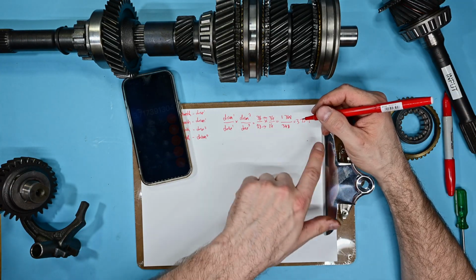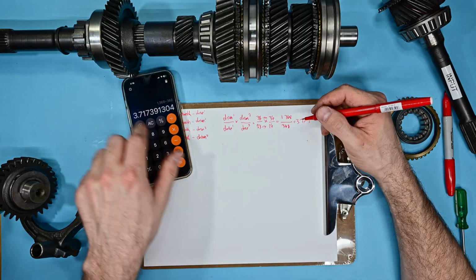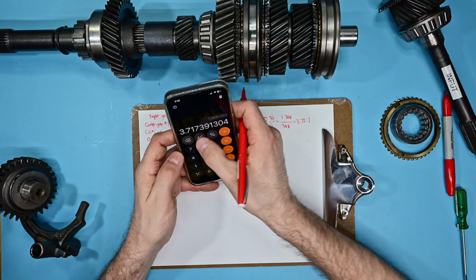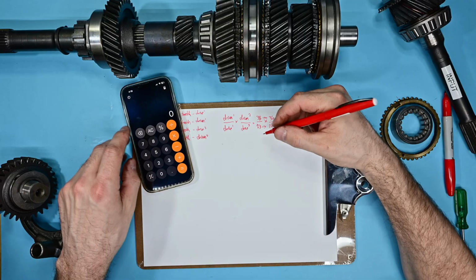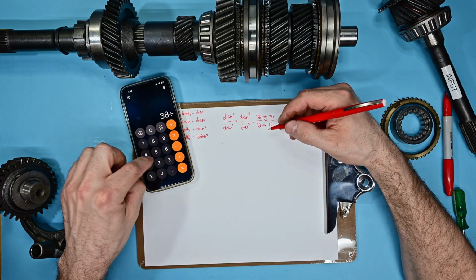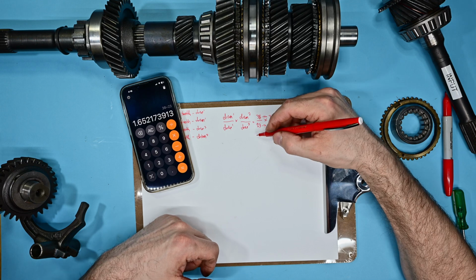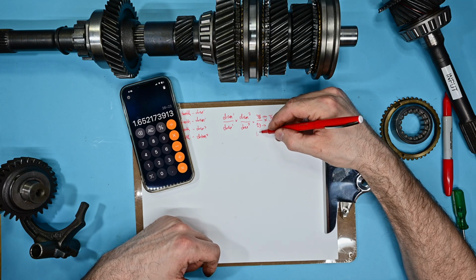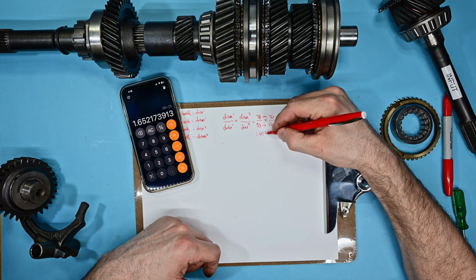But I told you there was another way to do this math. So let's do it the other way and let's see what we get. So I said we go 38 divided by 23, and that gives us 1.652.